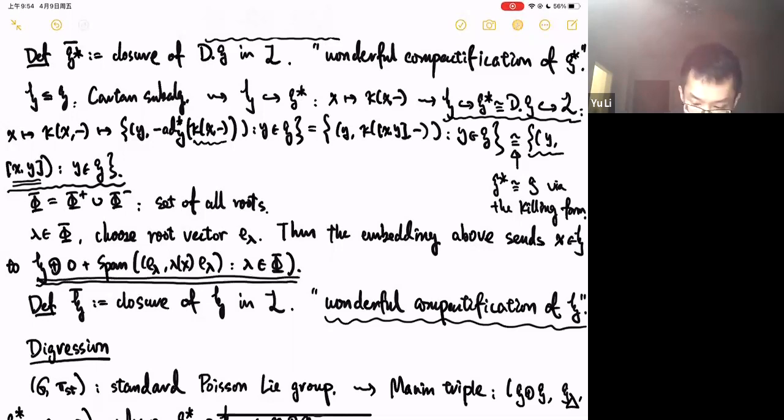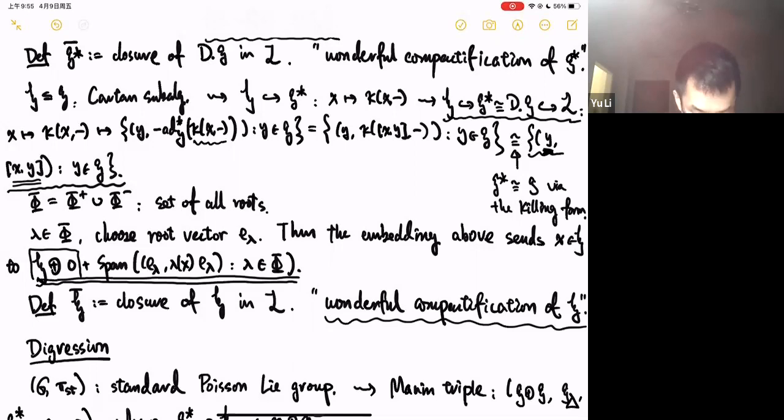So if this element y here is in H, then the bracket of x and y is equal to 0. That's why we get this first sum, H direct sum 0. And if y is the root vector E lambda, then the bracket of x and y is lambda of x times E lambda. So that's concretely what the image of x is.